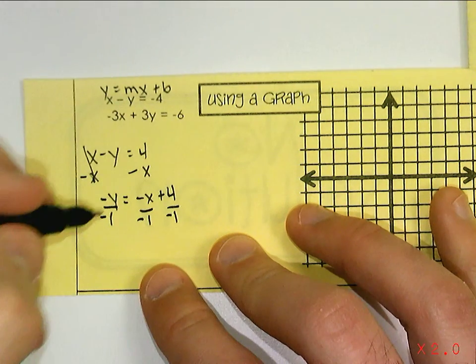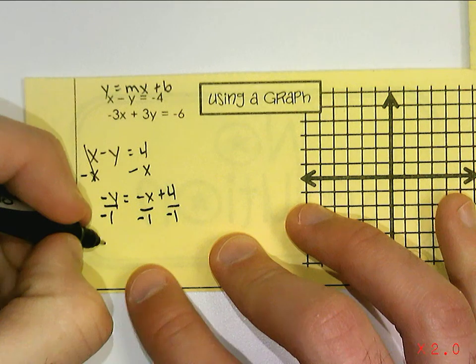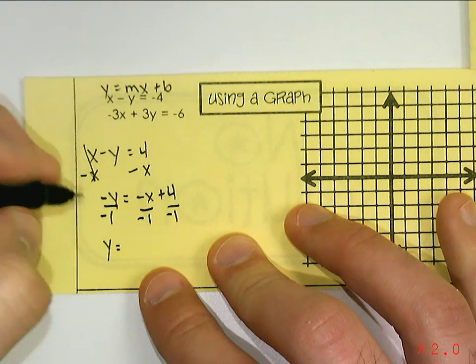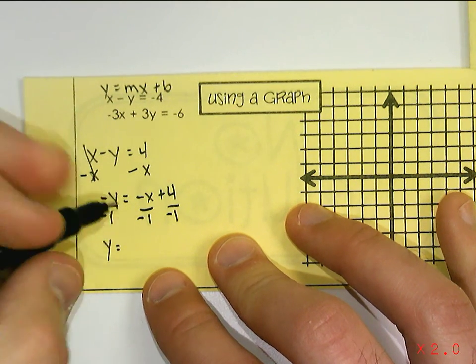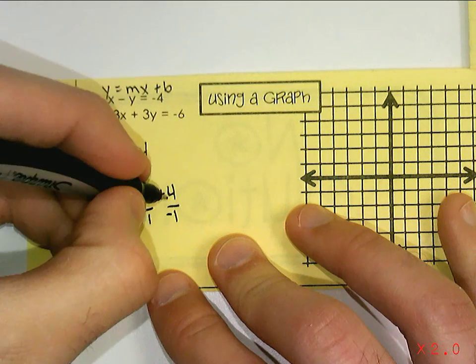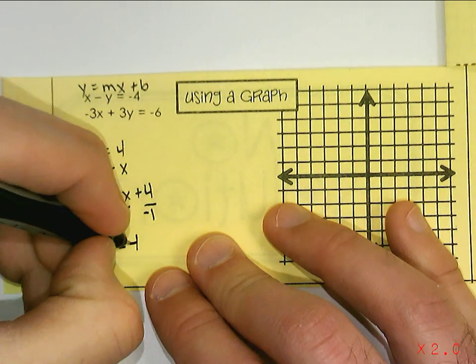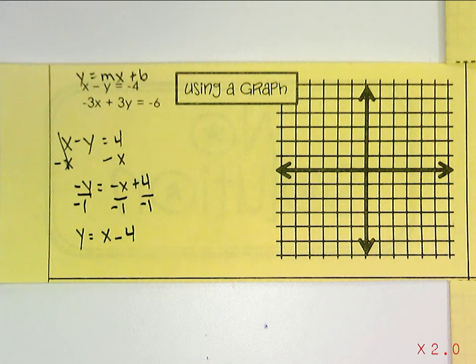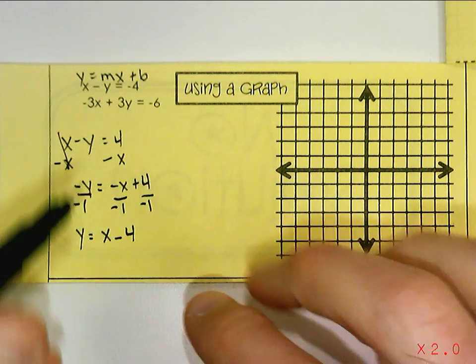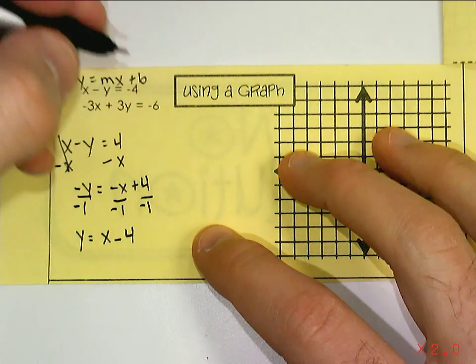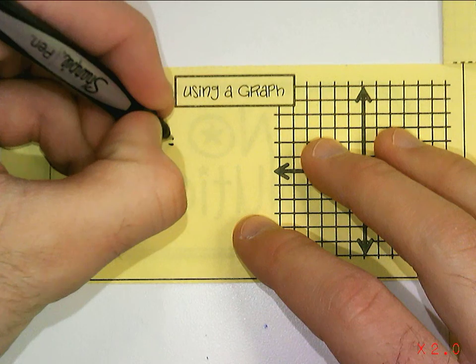So that y ends up being positive 1y. y equals negative divided by negative is a positive, so I just have x. 4 divided by negative 1 would be negative 4. So our first equation is y equals x minus 4. Let's look at our second one then here. Convert that.